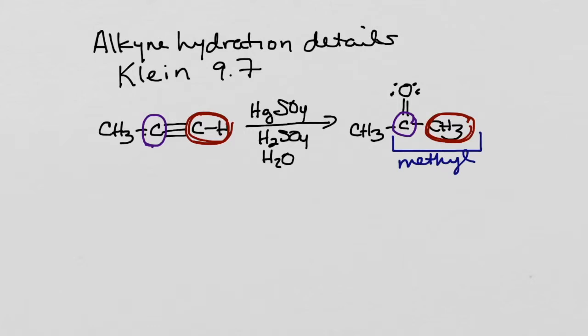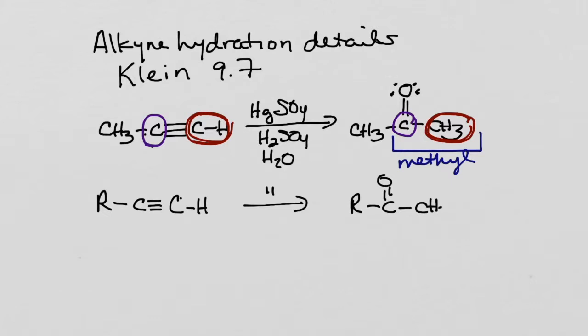If we think about this reaction more generically, we could do it with any terminal alkyne, and under the same reaction conditions we would always make a methyl ketone, because that less substituted carbon is the one that winds up getting two more hydrogens.